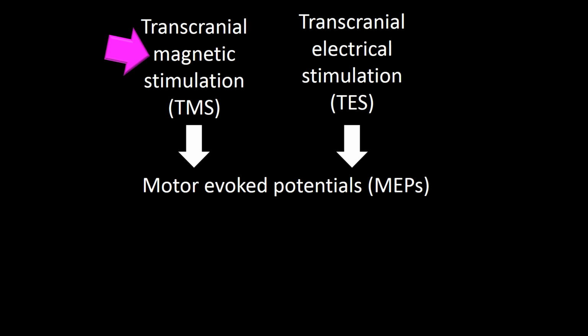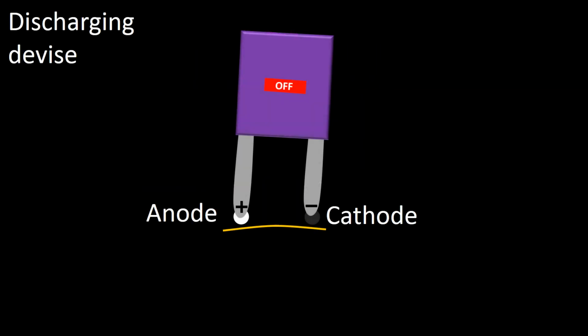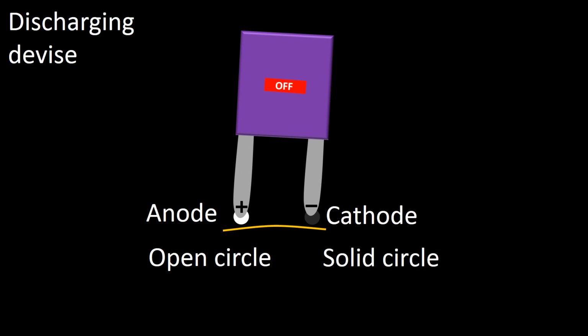In addition to transcranial magnetic stimulation, motor evoked potentials can be triggered, and usually they are shown, by electricity. This is a representation of the discharging device. Recall that the anode, or positive pole, of the discharging device may be represented by an open circle, and the cathode, the negative pole, by a solid circle.